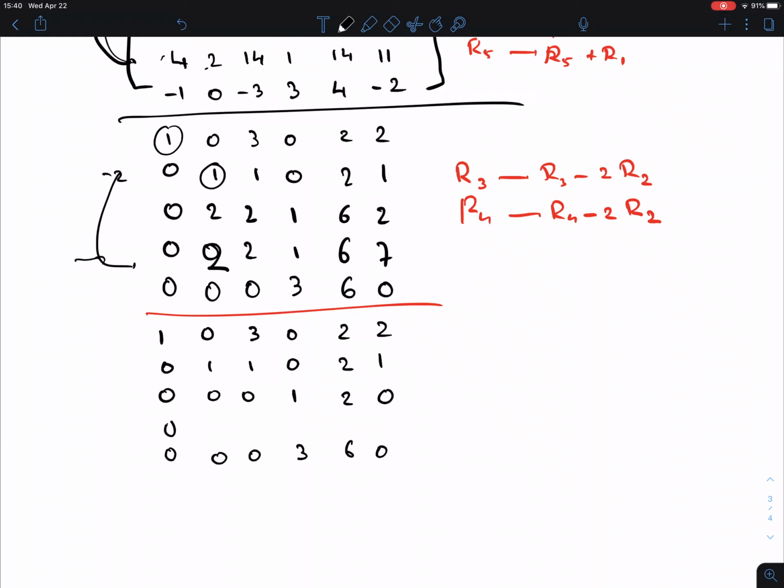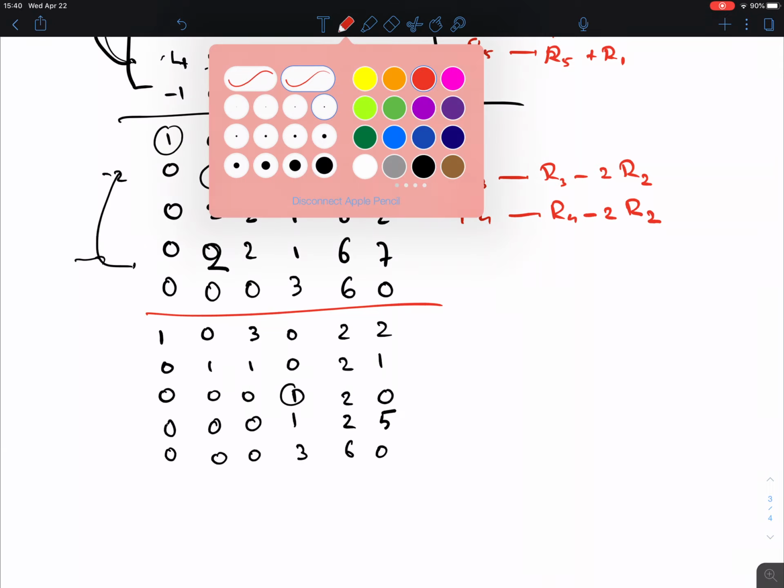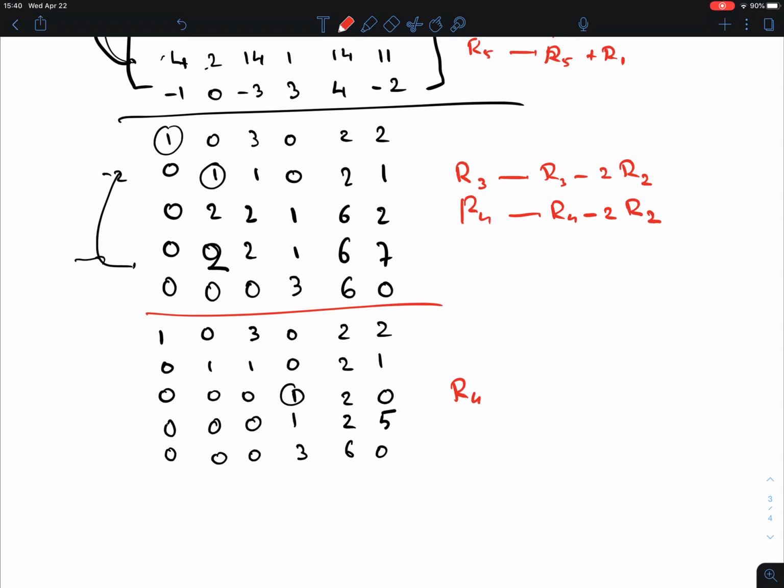So that would be a 0, 0, 0, 1. Okay, where am I here? This times negative 2 plus 6, that's a 2. And then negative 2 plus 7, that's a 5. Now we're cooking. So we have another pivot here that we're going to have to work with. That is row 4. So these are the two bottom rows, right? Row 4 is row 4 minus row 3, and row 5 is row 5 minus 3 times row 3.